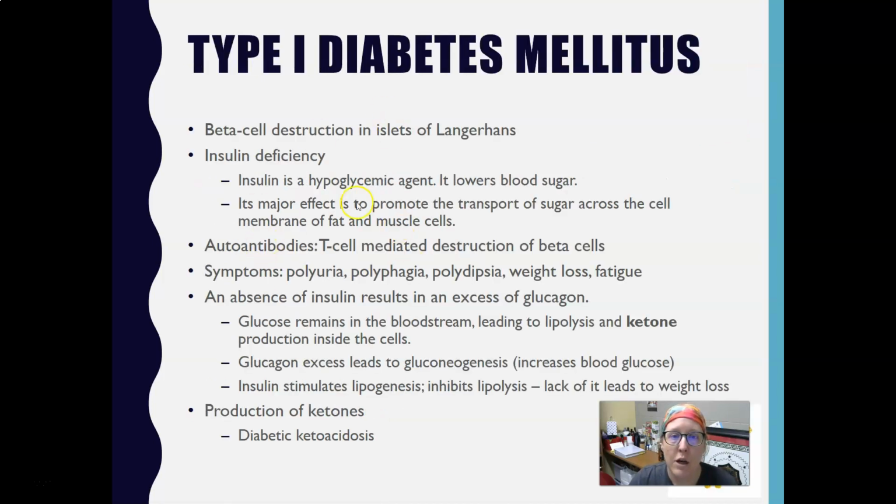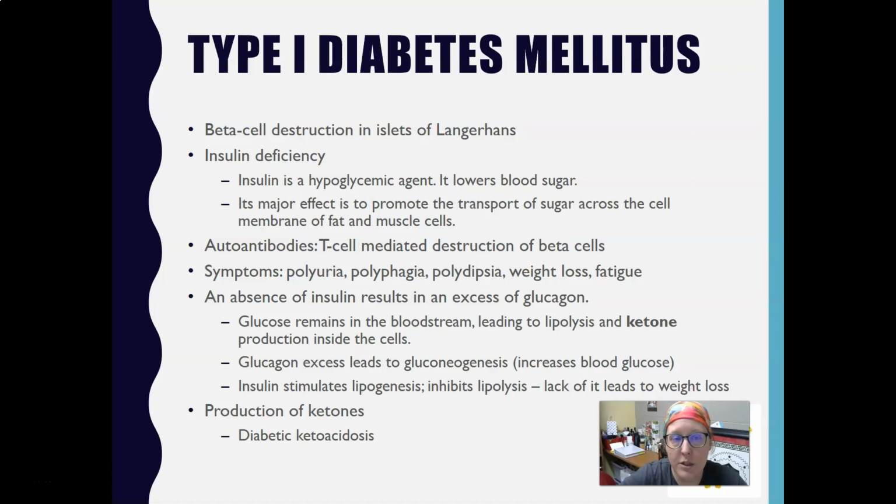Okay. So let's dive into type 1 diabetes again. You get the beta cell destruction of the islets of Langerhans. You get insulin deficiency, no insulin production at all. Insulin is a hypoglycemic agent, so that means it lowers blood sugar. It doesn't mean it kicks in when you have hypoglycemia.